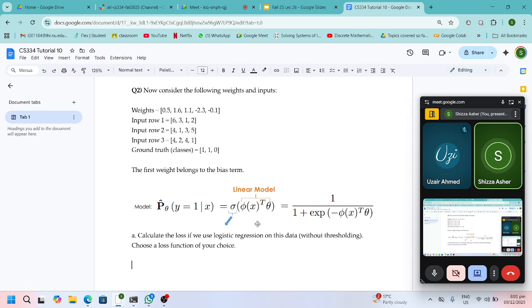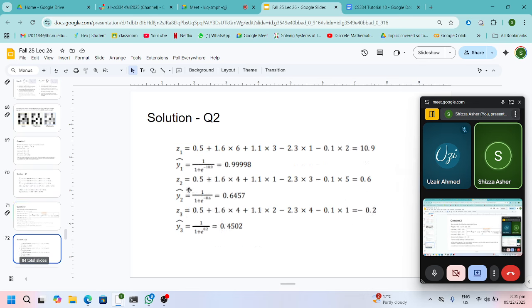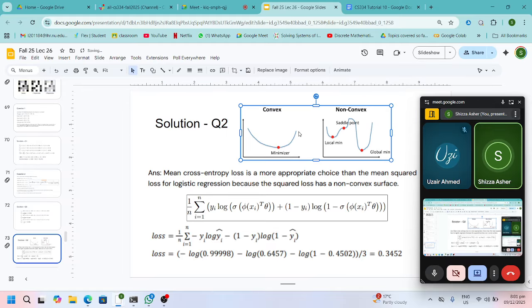For classification, we use cross entropy loss because I will just show you over here as well. इसके solution का सिर्फ हम ये वाला part एक दफा देख लेते हैं, then we will solve the rest together. So the thing is that you're going to use mean cross entropy loss. This is a more appropriate choice when we're doing classification. This is a more appropriate choice than MSE for logistic regression because your squared loss is going to have a non-convex surface. I suppose you've covered this in class as well.